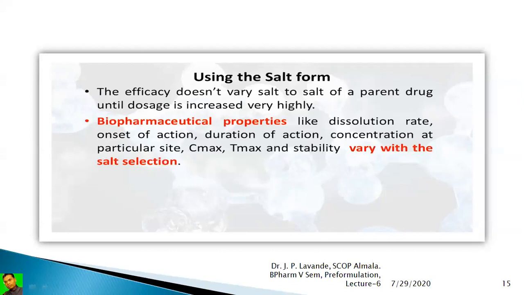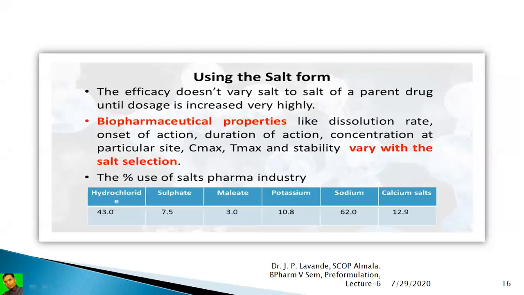Biopharmaceutical properties like dissolution rate, onset of action, duration of action, concentration at a particular site, Cmax, that is the maximum plasma concentration, Tmax, that is the time necessary to achieve the maximum plasma concentration, and stability will vary with the salt selection, right? So again, as we had discussed just now, propranolol laurate and propranolol hydrochloride differ in terms of all these.